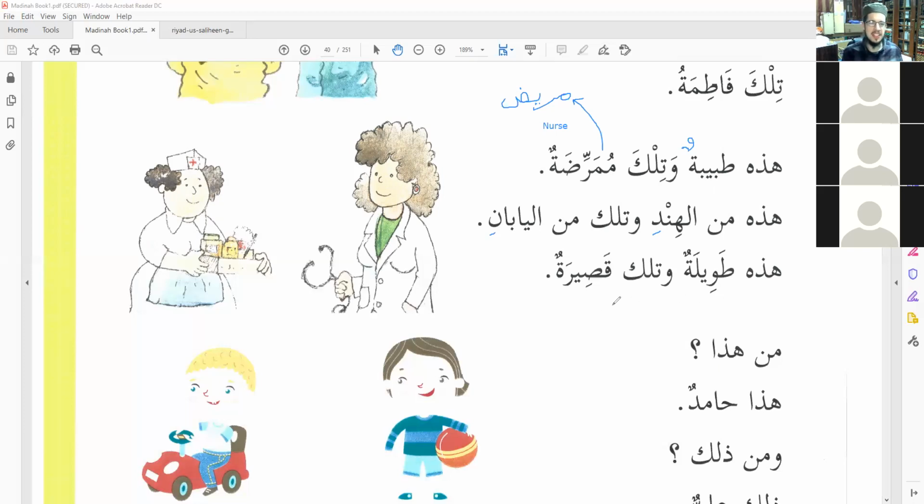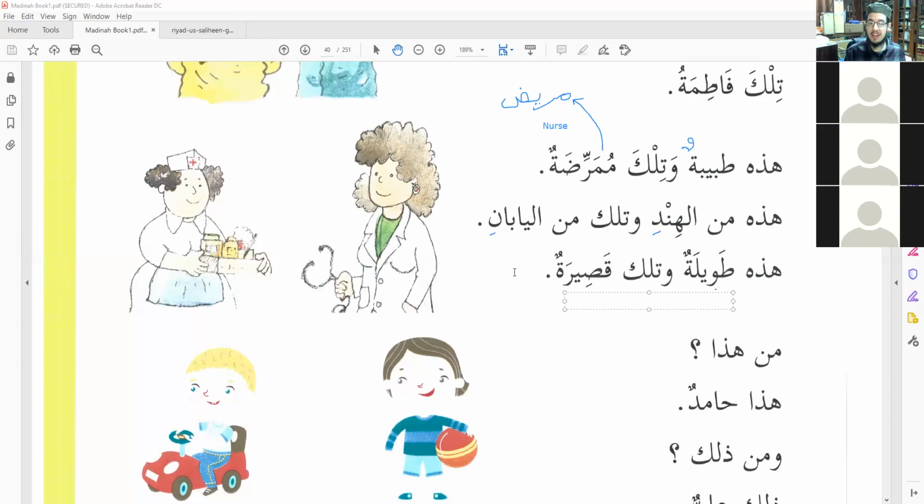And finish us off here. هذه طويلة وتلك قصيرة. Very good. I'm not sure if we had Tawila and Qasira before, have we? Tawil and its feminine form, Tawilatun, is tall. Specifically tall.